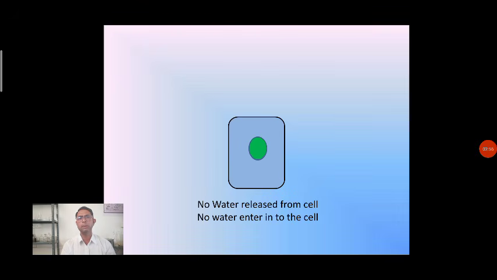So there is hardly any exchange of water molecules. Not a single drop comes out of the cell, or is added to the cell. So the cell remains as it is in that particular solution, suppose water.